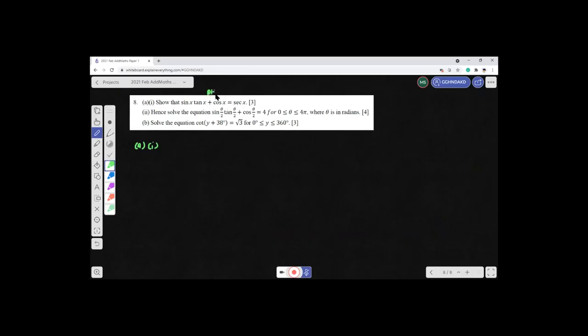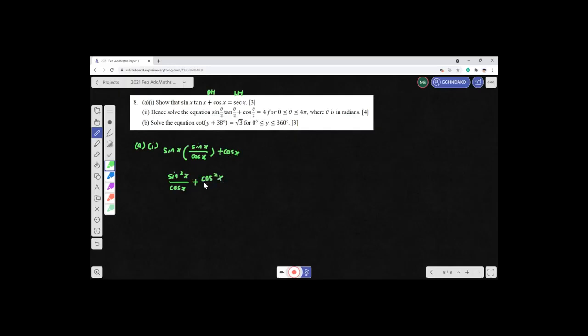This is the right hand side, this is the left hand side. I use the right hand side. Okay, so what is the tan x? Sine x over cos x plus cos x. So in this case, I make the denominator the same, sine square x over cos x. I times it, and the other side I make the denominator the same.